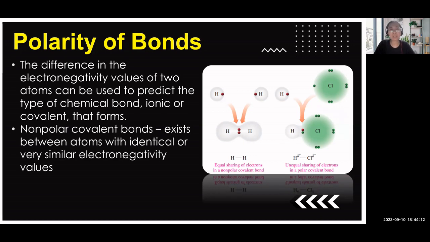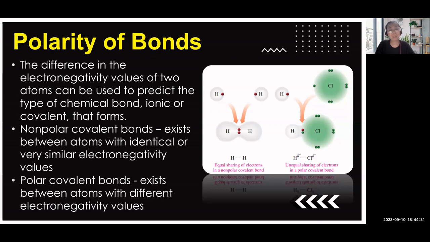Polar covalent bonds, on the other hand, exist between atoms with different electronegativity values. For example, if the difference between the electronegativity values is equal to zero, then we can assume that the type of bond that forms there is a nonpolar covalent bond.